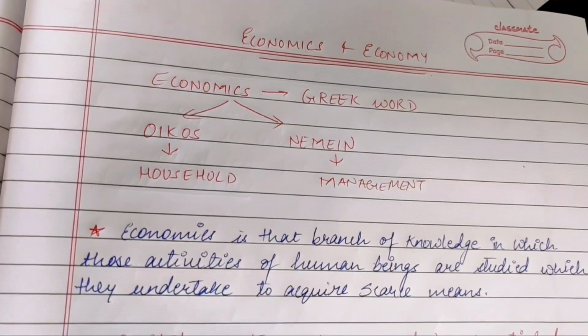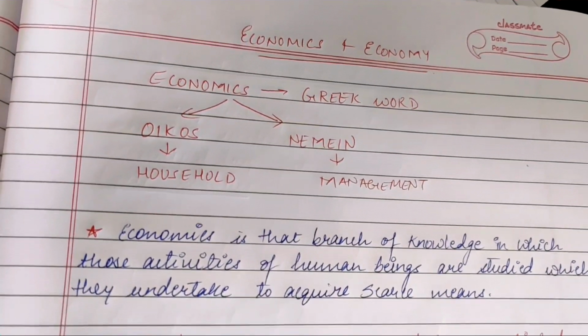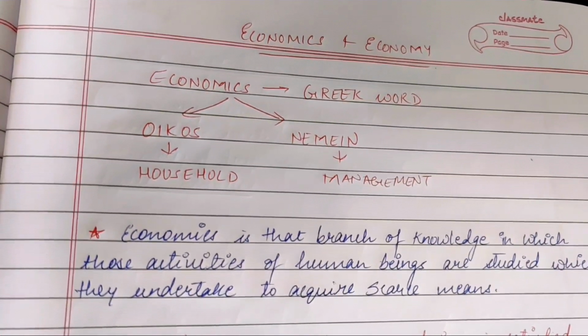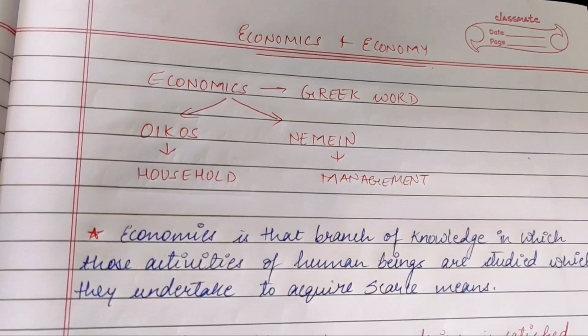So together, if we put it together, it is the management of household. When we study these certain terminologies, you will come to know about different aspects as well. As you can see, it is in written form, so at least you are able to see the spellings as well, and in order to have a better understanding.